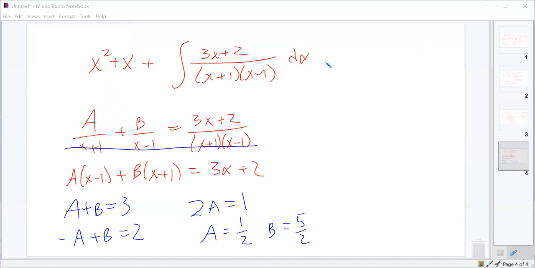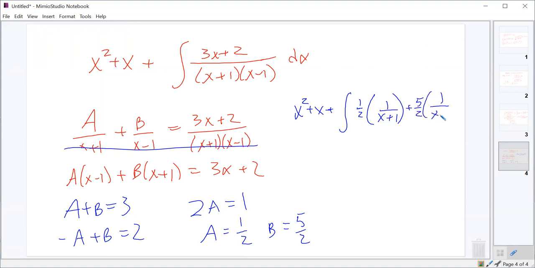And so then this now becomes x squared plus x plus our integral of 1/2, which is our a value, times 1 over x plus 1, and then plus 5 halves times 1 over x minus 1.